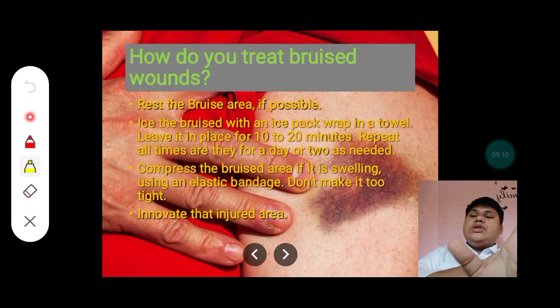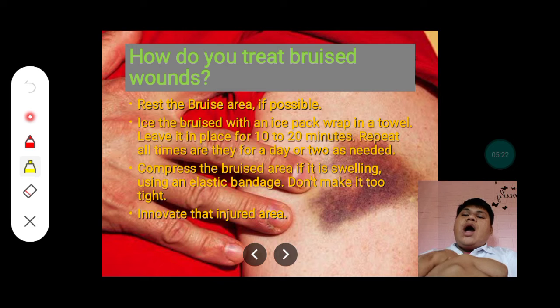How do you treat bruises? Here are the treatments for a bruise. Number 1, rest the bruised area if possible. Number 2, ice the bruise with an ice pack wrapped in a towel. Leave it in place for 10 to 20 minutes.